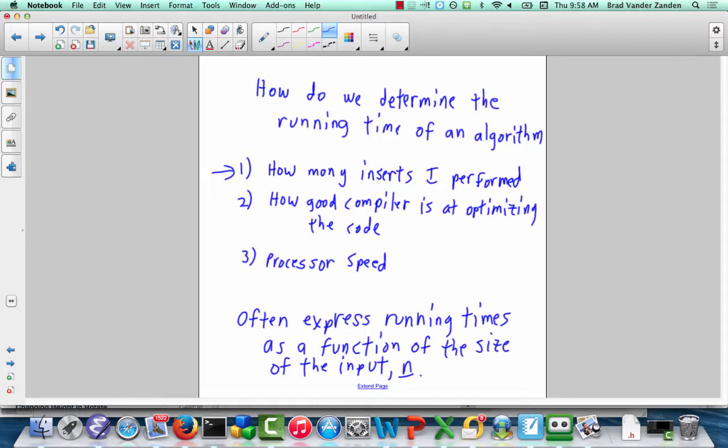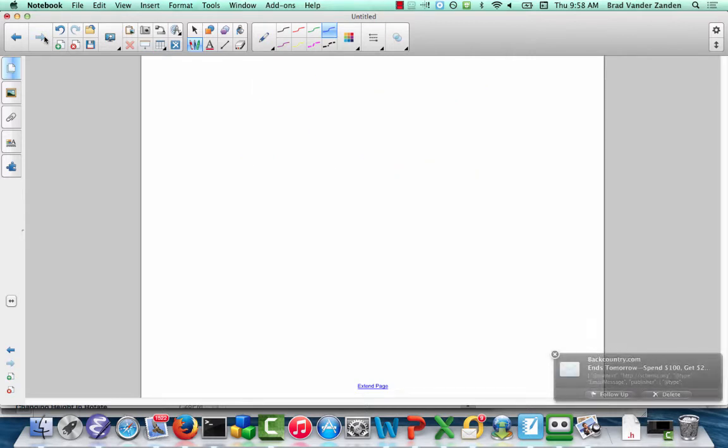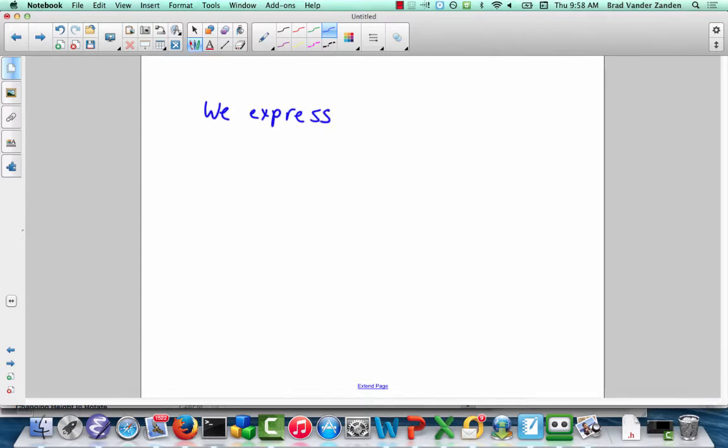And typically, what we're going to do is count instructions. So we express running times as a count of the number of instructions executed.